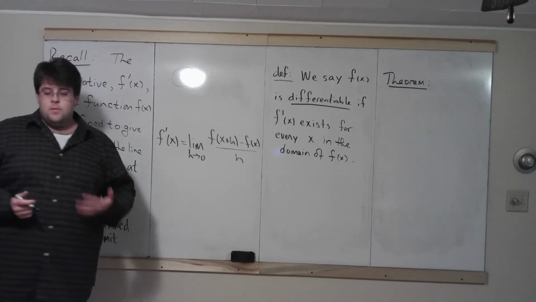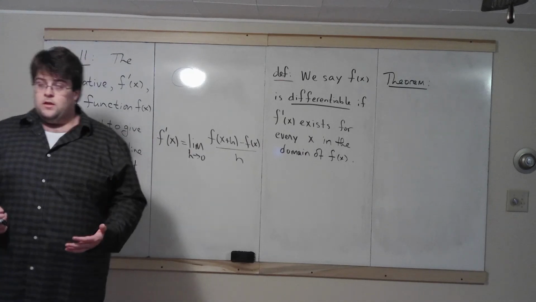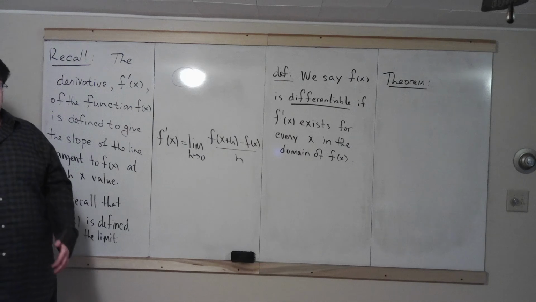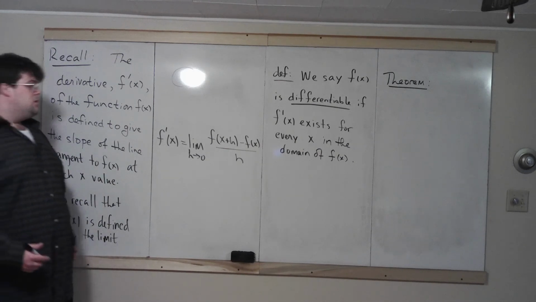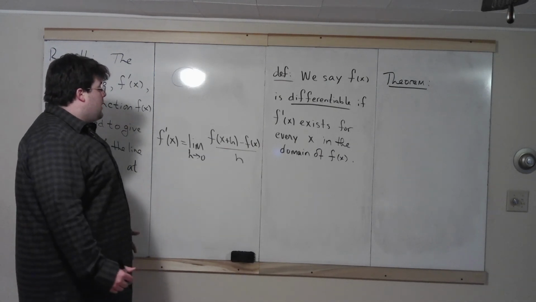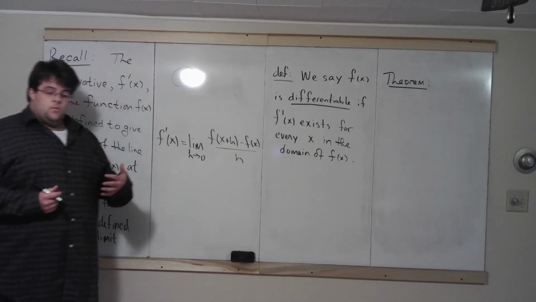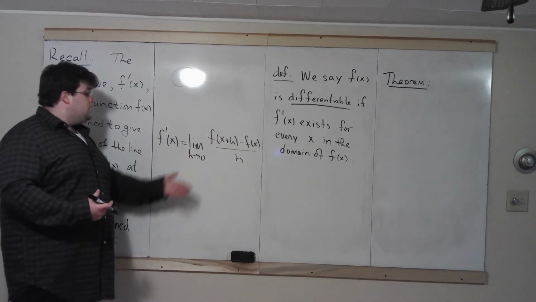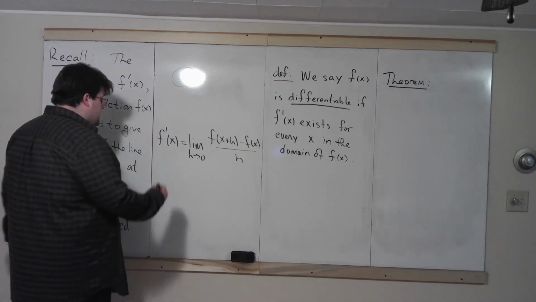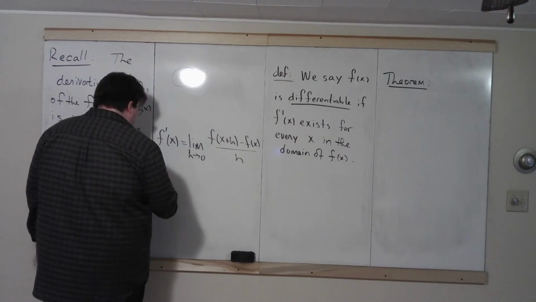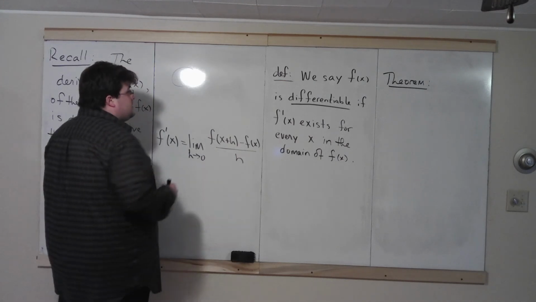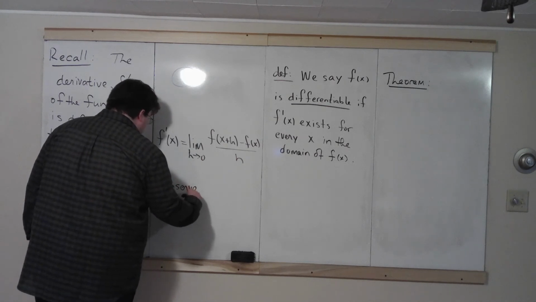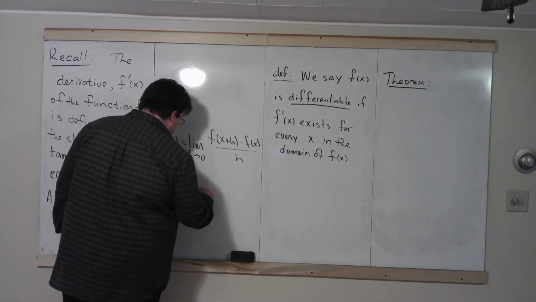Now, what do we know about limits? Well, we know a good deal about limits. One thing we know is that a limit can exist, or a limit may not exist. Right here, we're going to look at what it means for a function when this limit exists and when it doesn't exist. So let's say it here. Observe, this is a limit, so it may not exist.